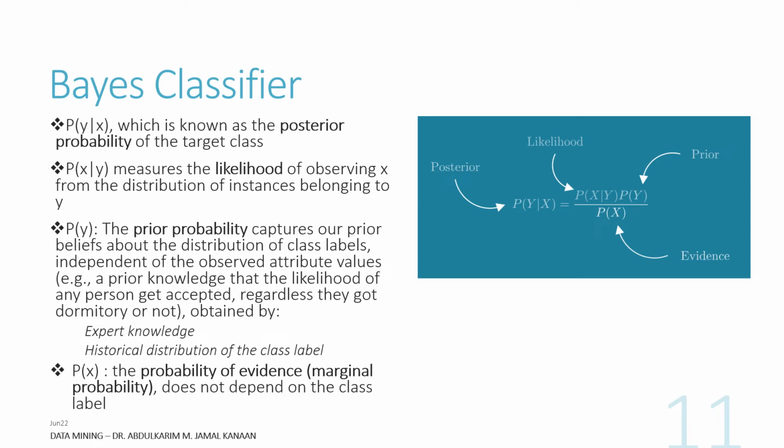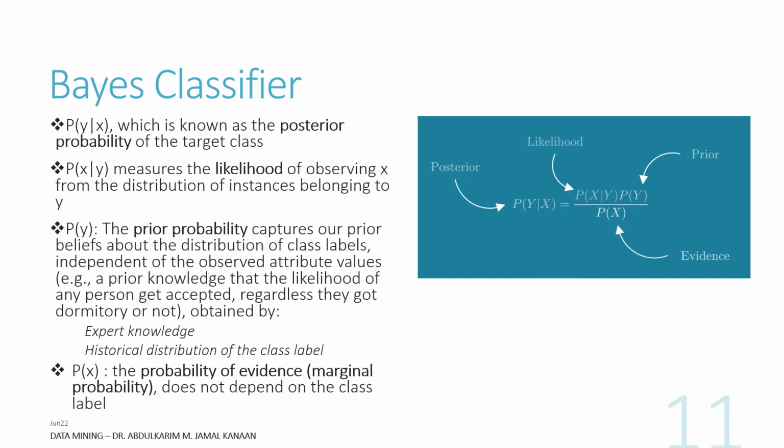P(y) is known as the prior probability or the prior knowledge, where we look to capture the probability of y regardless of the situation for x. For example, the prior knowledge of the likelihood of any person getting accepted regardless of whether they got dormitory housing or not. And how do we obtain this value?